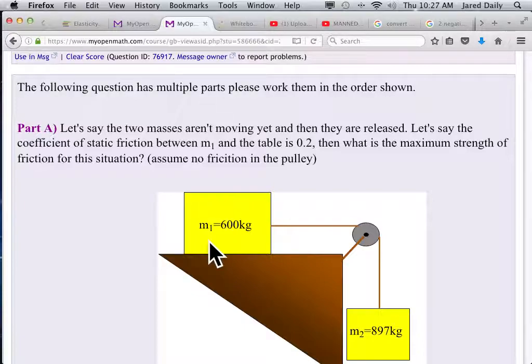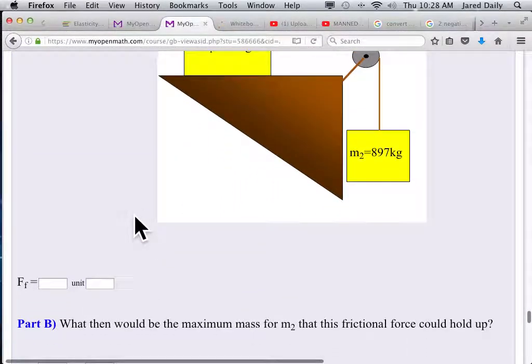What's the maximum strength of friction for this situation? When you have the maximum strength, you just use the coefficient at what it is, and you use the normal force at what it is, and calculate it, right? So how do we do the first part?